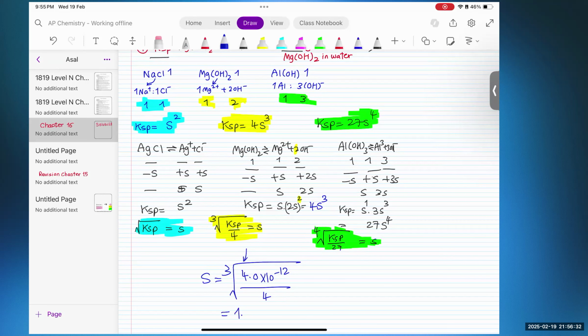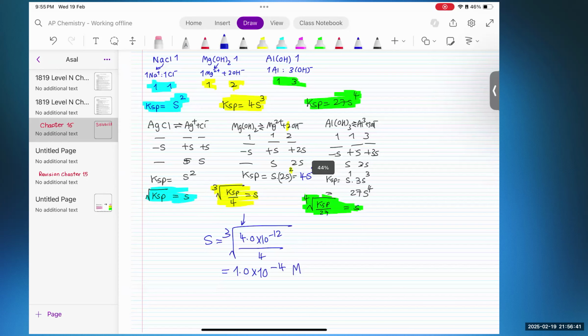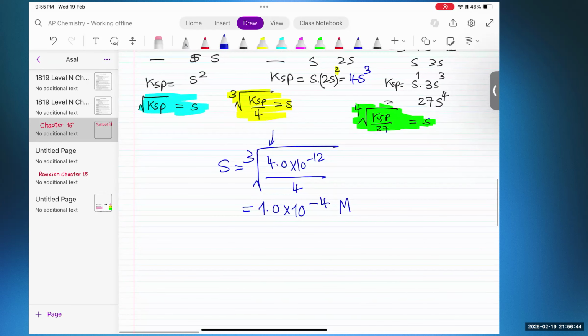So 1 times 10 to the power of negative 4 molars. This is the concentration.